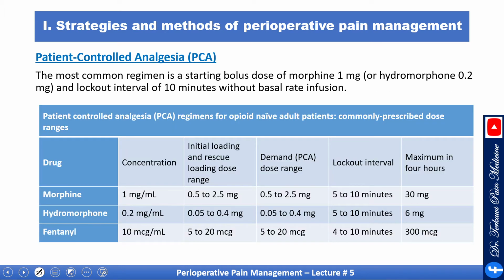This table summarizes the different loading dose, demand dose, lockout interval, and maximum dose in 4 hours for the most commonly used medication here, which is morphine, hydromorphone, and fentanyl.